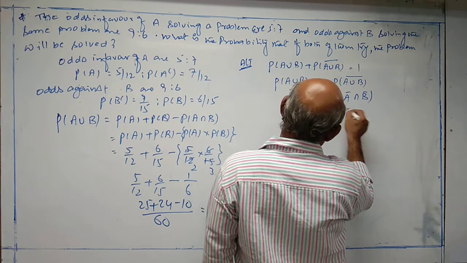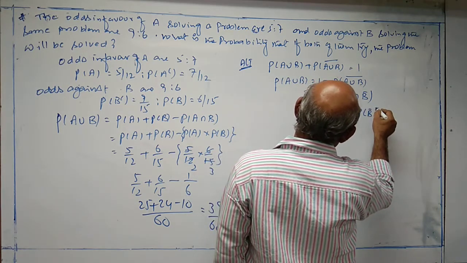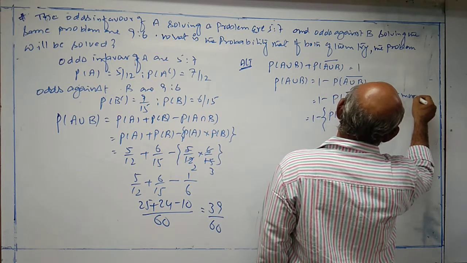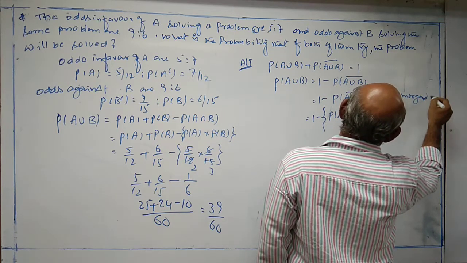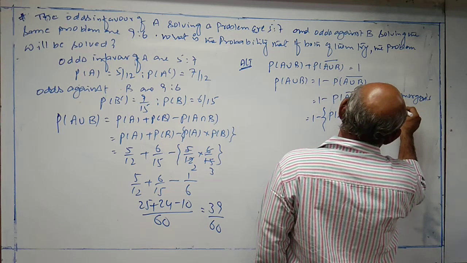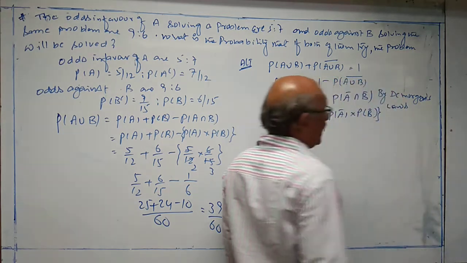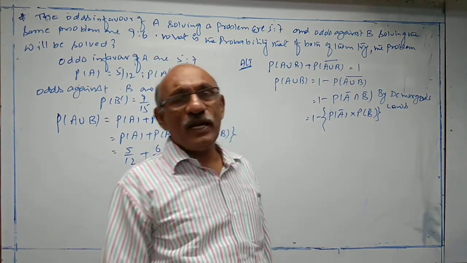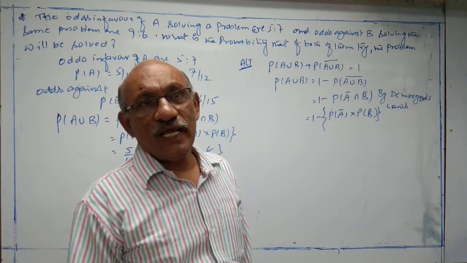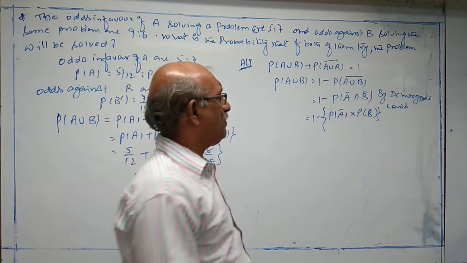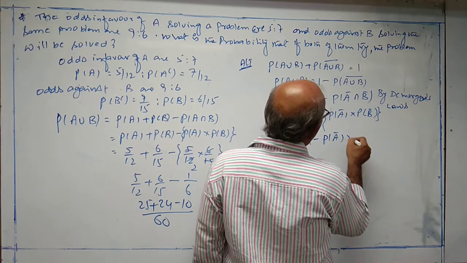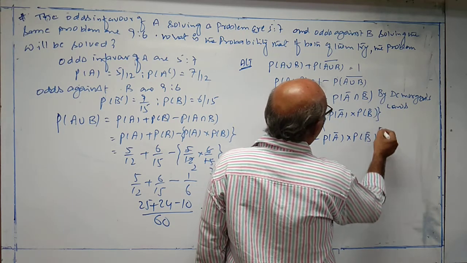So P of A complement into P of B complement. This is by De Morgan's laws. When A and B are independent events, their complementary events are also independent. So 1 minus P of A complement into P of B complement.